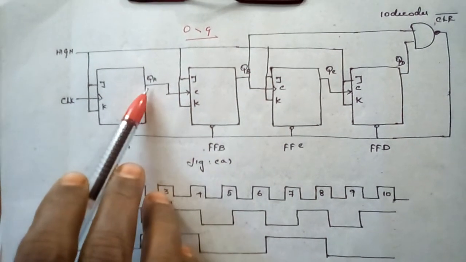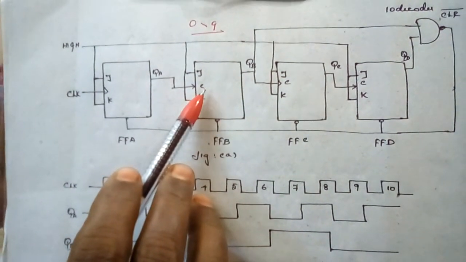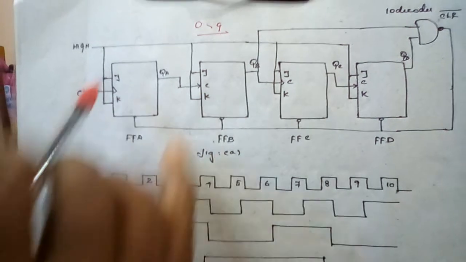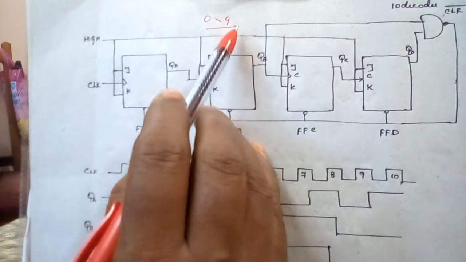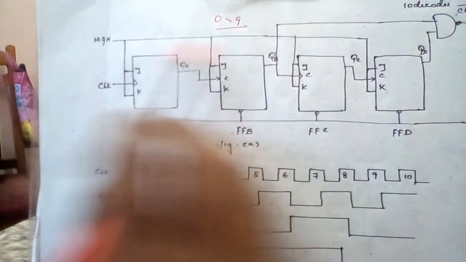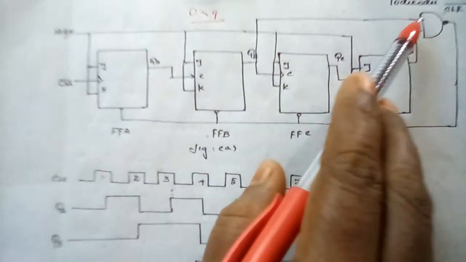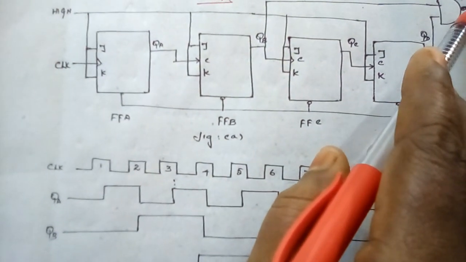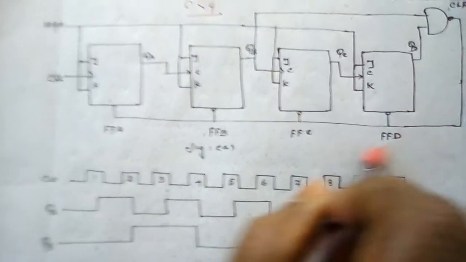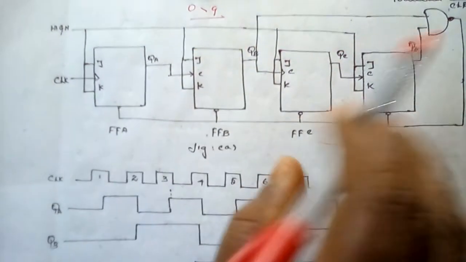The output of QA is provided as the clock of the next stage. It counts from the states 0 to 9 and, for the recycling, the output is connected to the NAND gate, whose output is low, and the counter is made to reset in this manner.